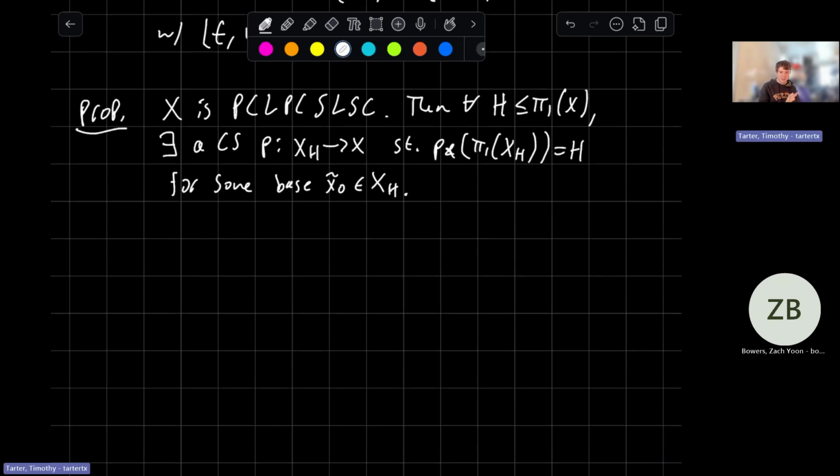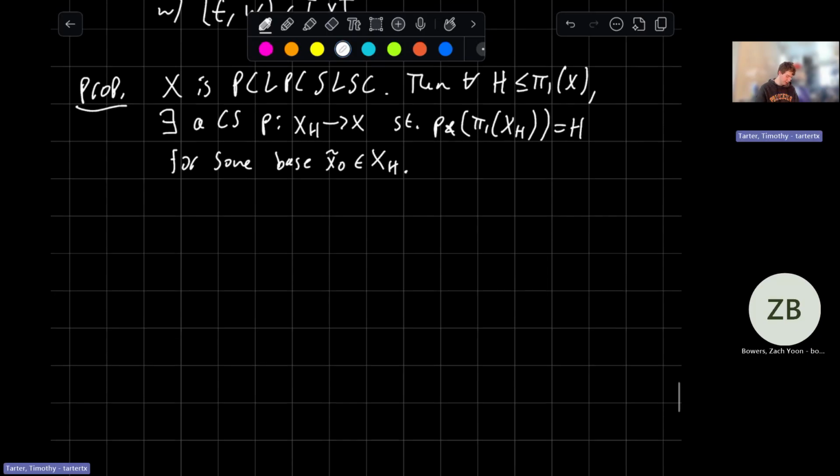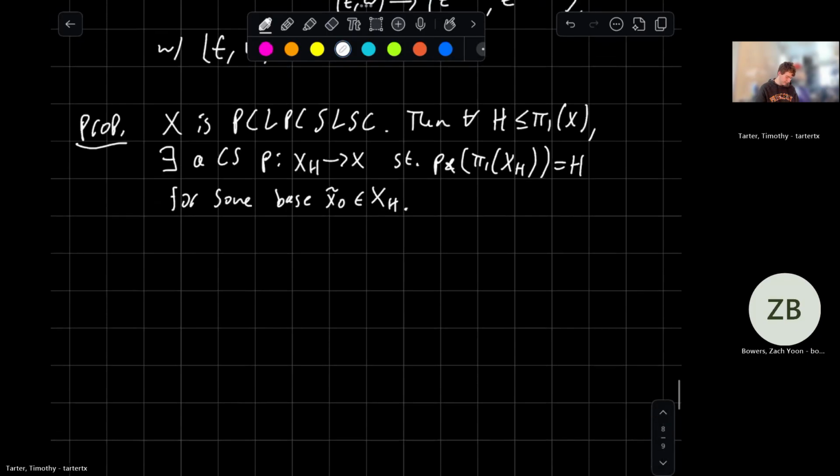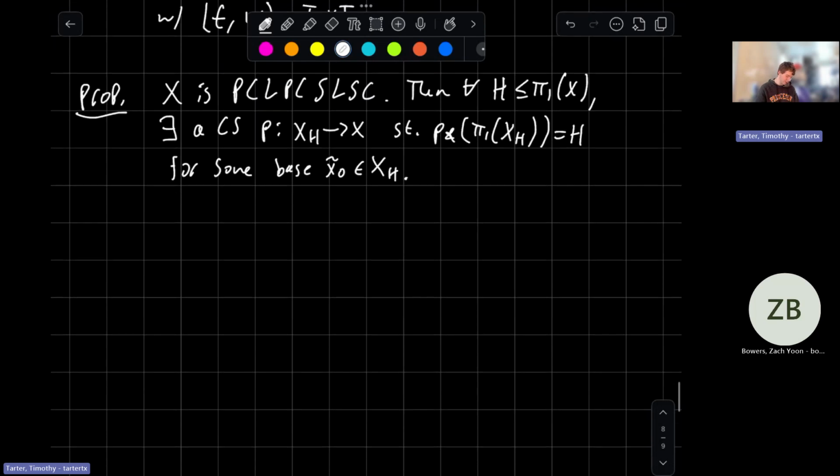So X is the type of thing that we like working with. For every subgroup, there exists a covering space such that the map. This is just a morphism of covers. Oh, okay, that's okay. I understand this.